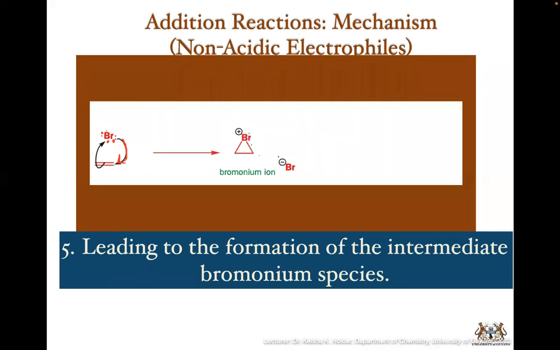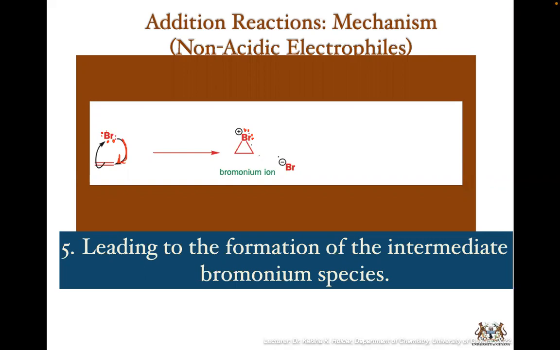And so that means that we have 2 pairs of electrons remaining. And so of course if we check the formal charge of this bromine atom here, what we will find is that it is formally charged +1.